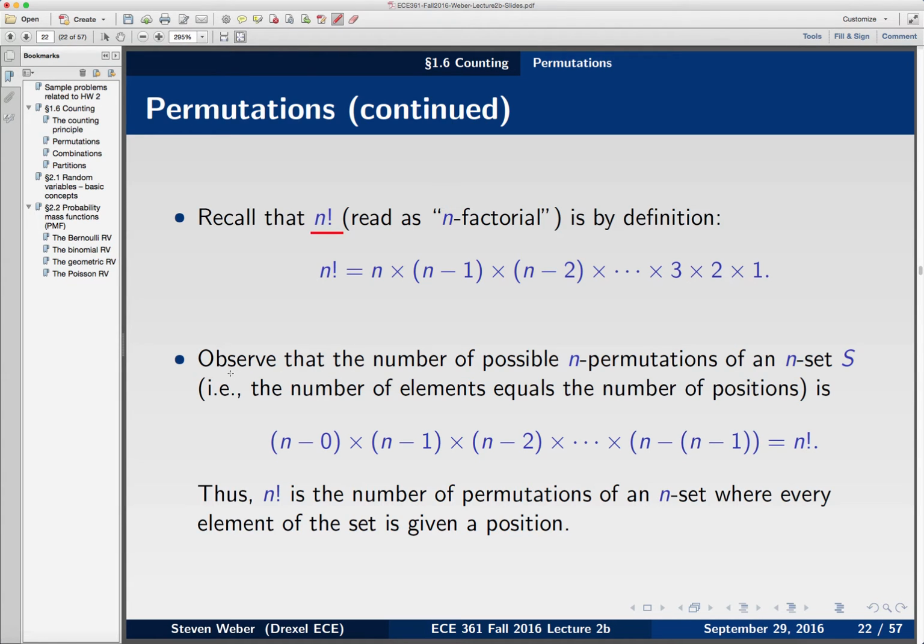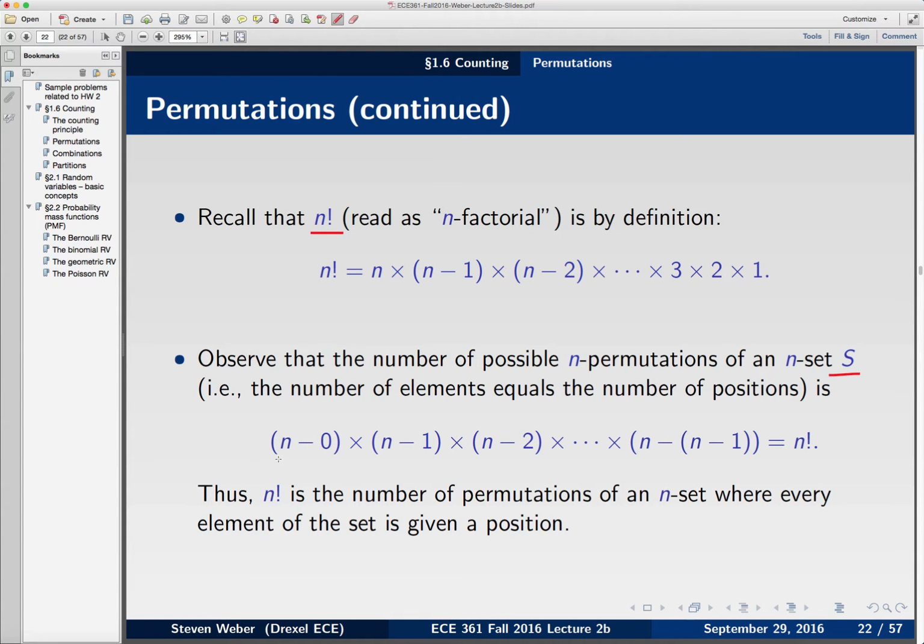Extending the result from the previous slide to the case where k equals n, we are taking a ground set of n elements, called S, and forming all possible n-permutations, which is to say every element in S is given a position. The number of ways we can do that is n factorial.